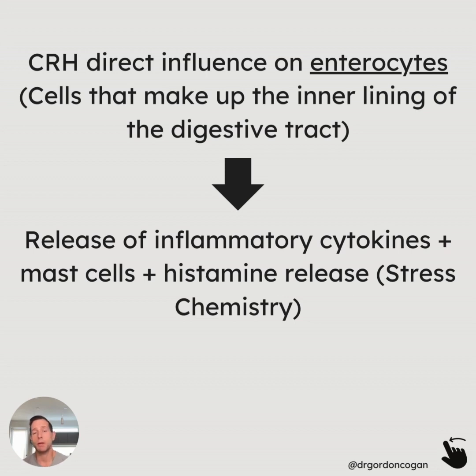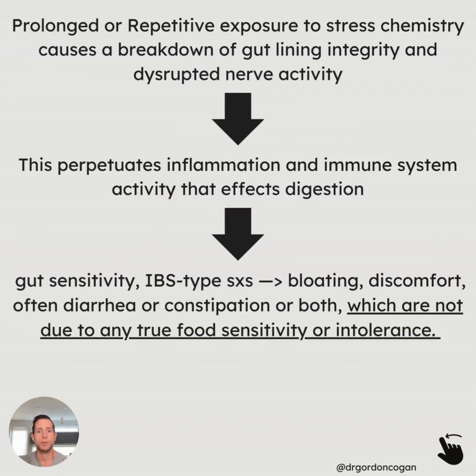So we're going to bucket these together as the stress chemistry response in this particular scenario. Prolonged exposure to that stress chemistry causes a breakdown of the function of the gut lining in general, without diving down the rabbit hole too deep. It's really going to disrupt the function and the integrity. It's going to increase nerve activity, so the gut-brain connection becomes a bit dysregulated.